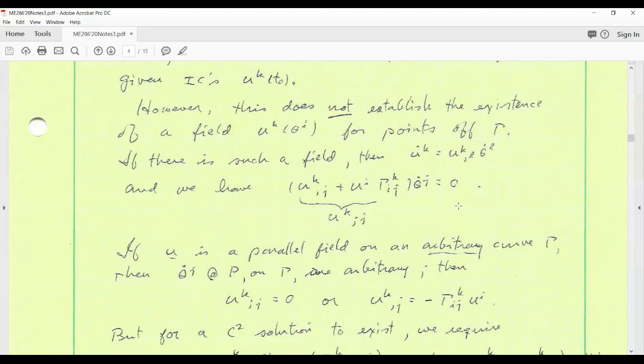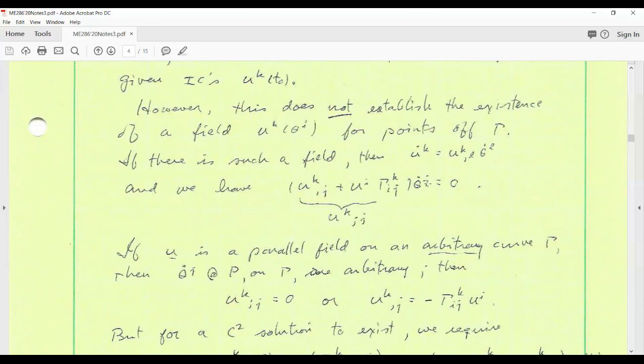And so passing through a point, you can imagine different curves would have different tangents. So this would hold for arbitrary tangent vectors theta dot j. If these are arbitrary, you could choose theta dot 1 to be the number 1, let's say. And then the parenthesis would have to be 0 when j equals 1.